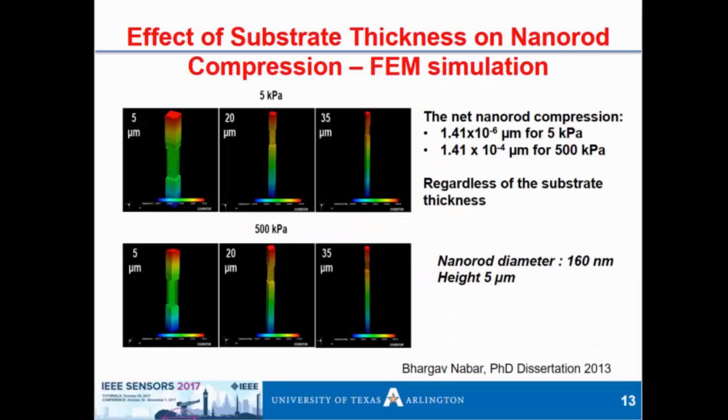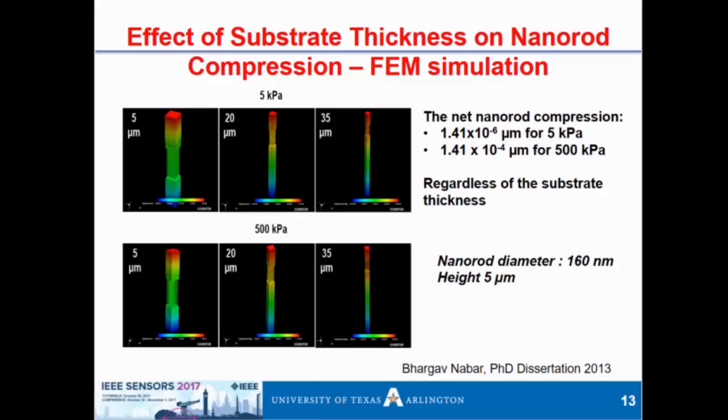So for our specific polyimide substrates, we have looked into how the stress is distributed as a function of thickness of the substrate and the superstrate, from 5 micron to 35 micron, for 5 kilopascals and 500 kilopascals.